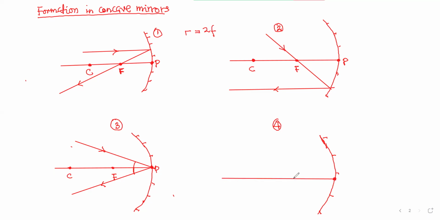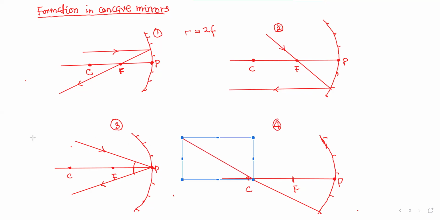So F, all measurements are from the pole. The same distance for C. So the last but not the least rule says that a ray of light which is incident on the mirror at 90 degrees, or normally, no matter where it's coming from.